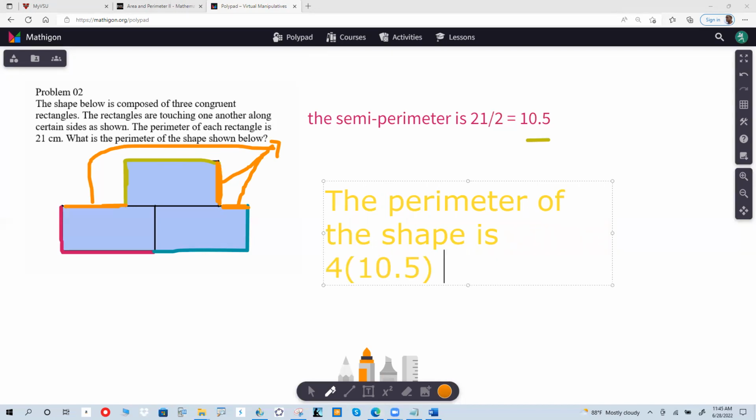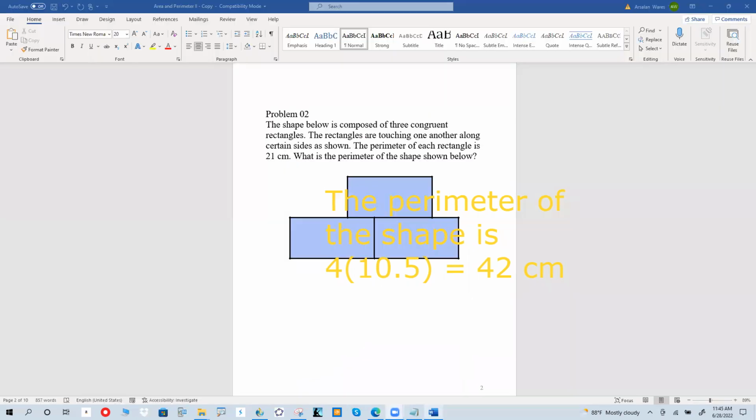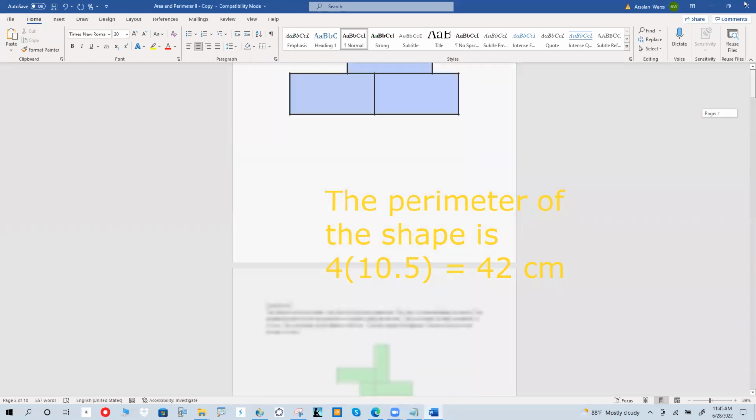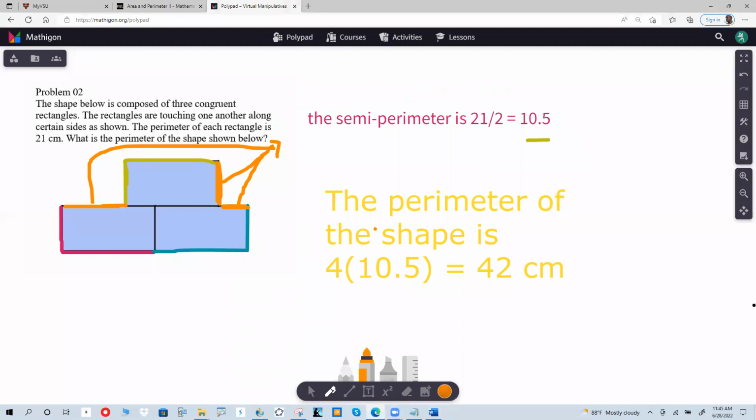And 4 times 10.5 is 42. And of course, I'm going to check my answer. I better put my unit. I'm getting 42 centimeters. Let me check my answer, then I'm going to pause a little bit. That's not bad. We got it right. Okay, I'm going to pause there for a little bit for you to process.